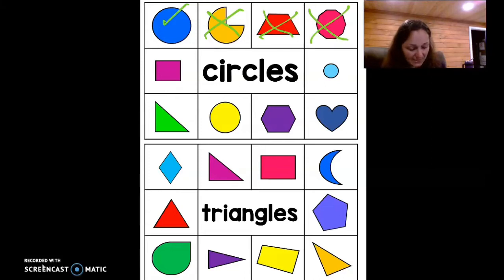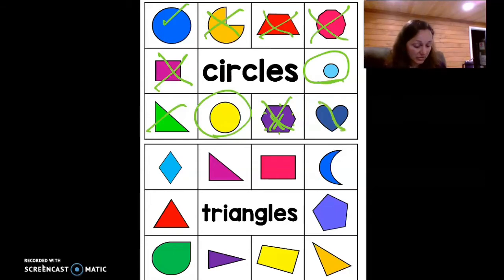I see a rectangle, nope. Next one, circle, yeah. I see a triangle, nope. A circle. Ooh, this guy has how many sides? 1, 2, 3, 4, 5, 6. 6 makes him a hexagon. Not a circle. Heart, lovely, not a circle.